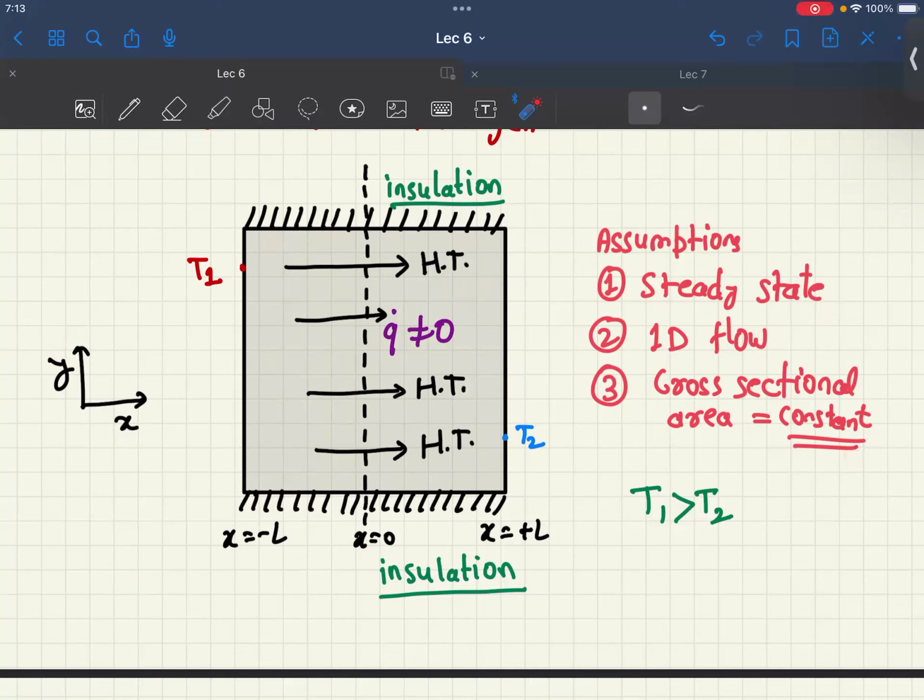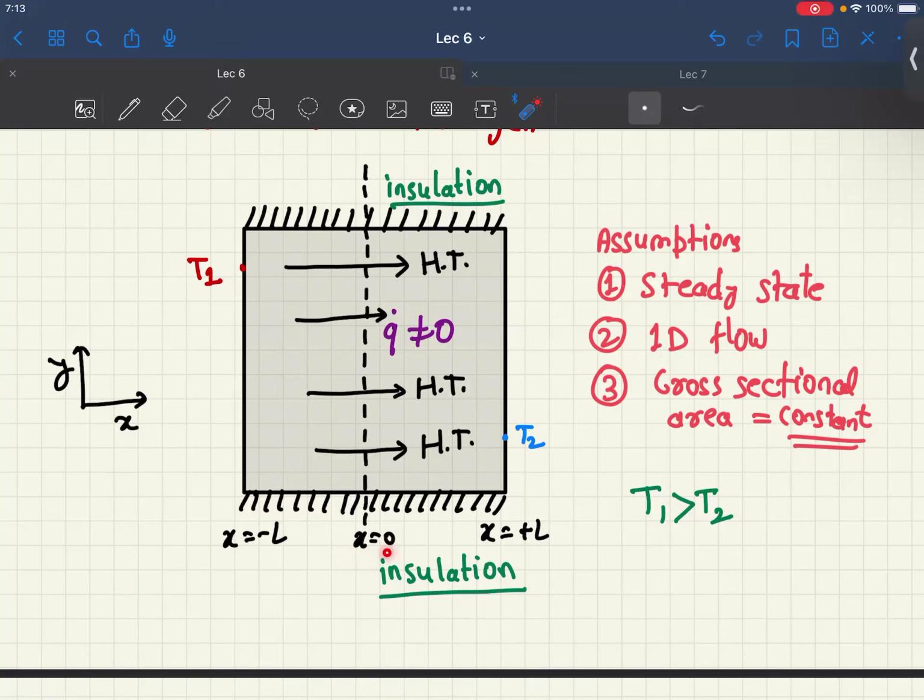And we are using a nomenclature. What is the nomenclature which we are going to use? We are assuming that the origin of our coordinate system lies at the center of this slab. It will be very clear to you in a couple of slides why we have chosen this coordinate system.